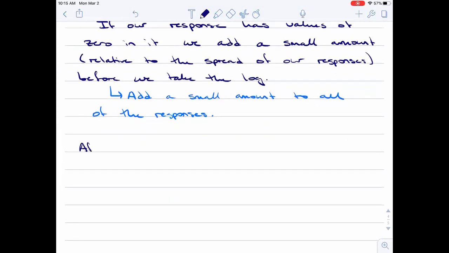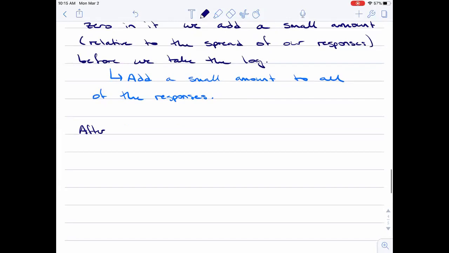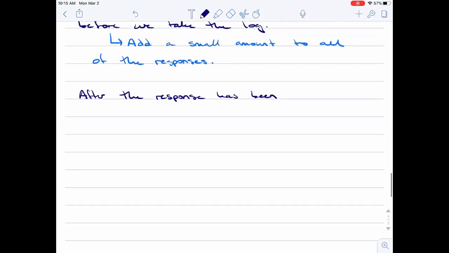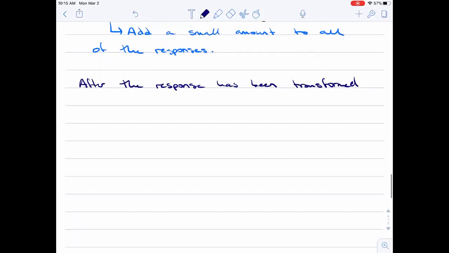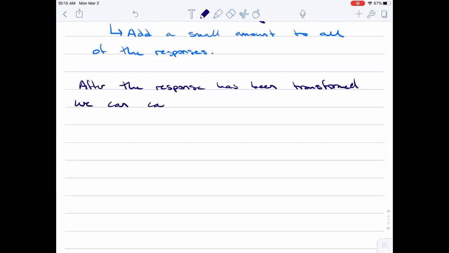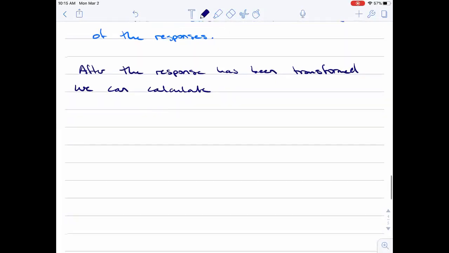I will say that after the response has been transformed, we can calculate the max SI of the transformed one over the min SI, right?